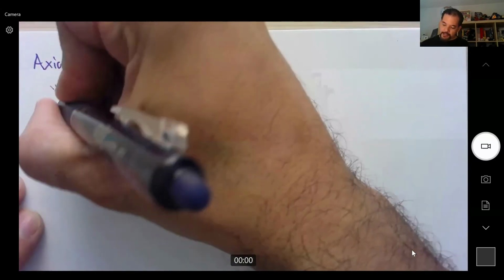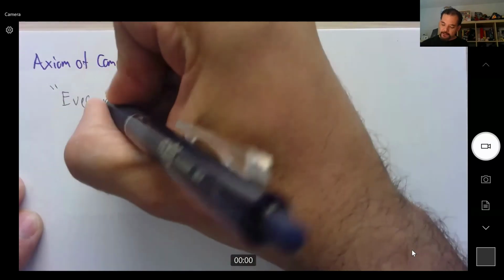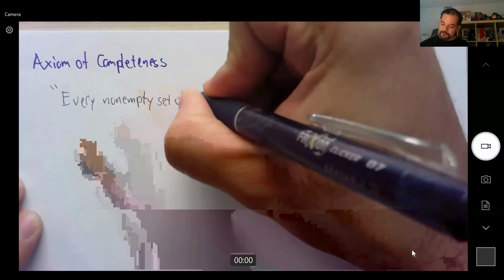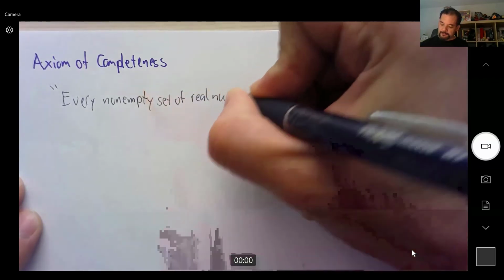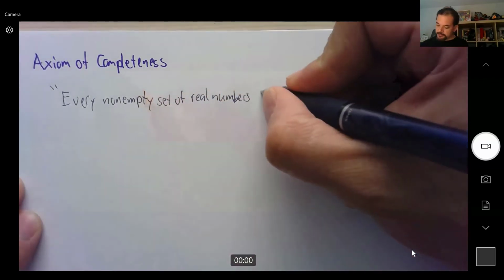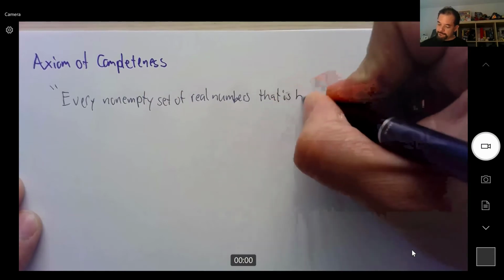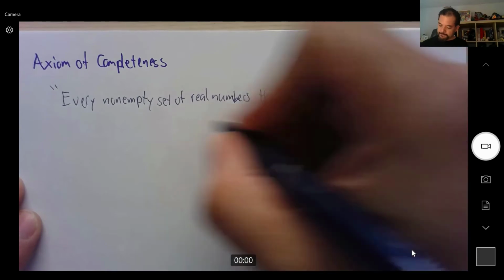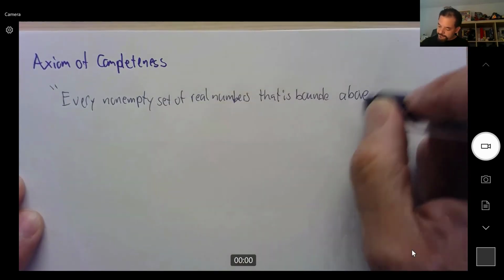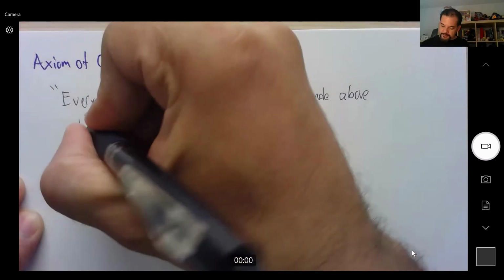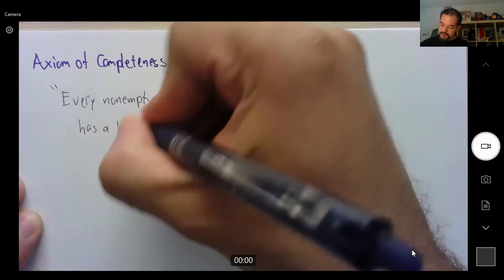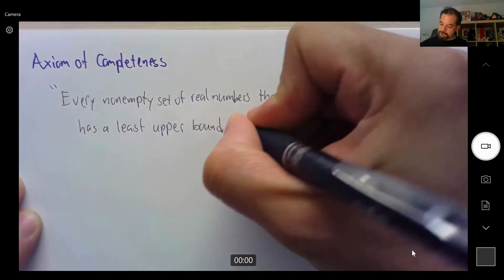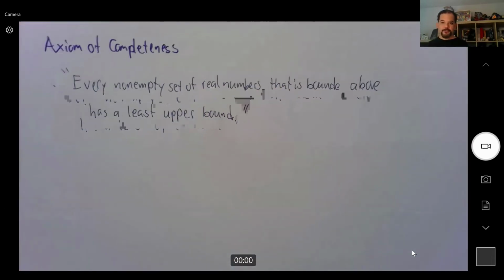It says every non-empty set of real numbers that is bounded above, no comma, has a least upper bound. Okay, so there it is.